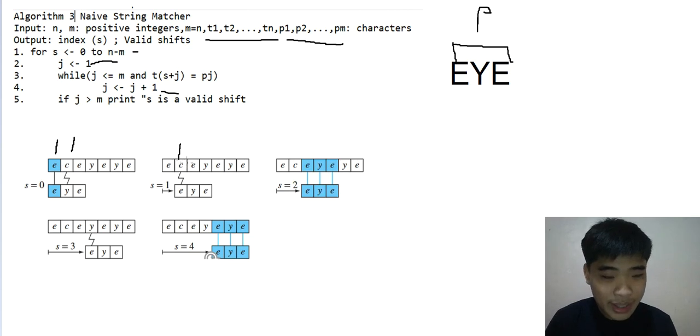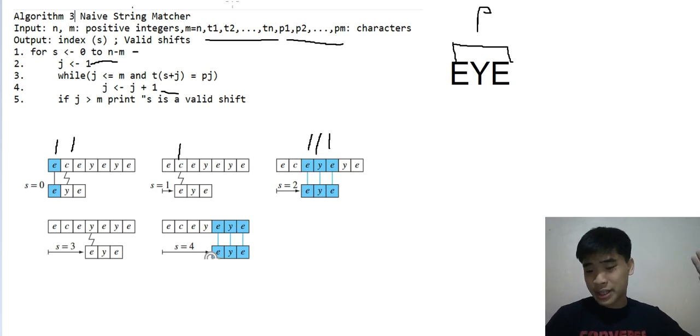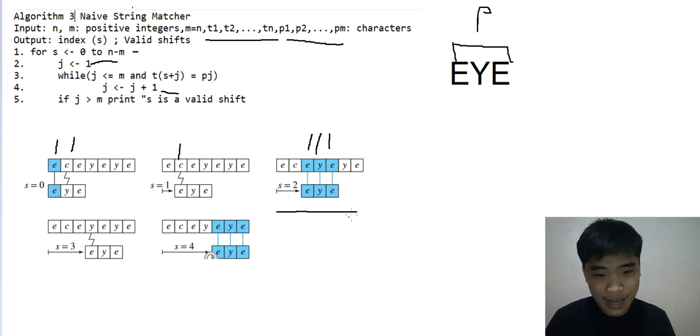Then we know that C is not equal to E. Then we know that the pattern could not be scanned there. So we move to the next shift, which is shift 2. So E is equal to the first character of the pattern, then Y is also equal, and E is also equal, which makes this shift valid. So this shift is valid.